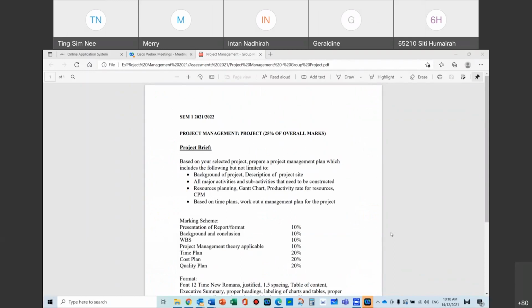We are already in week 10, and we're going towards the end of the semester. Your week 14 is going to happen when? Let me see. Now it's week 10, 11, 12, 13, 14.